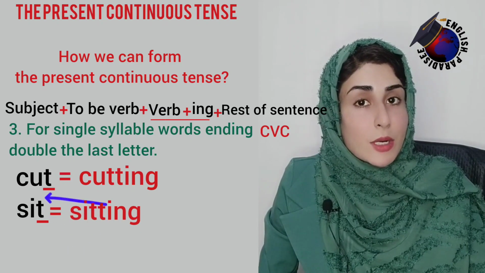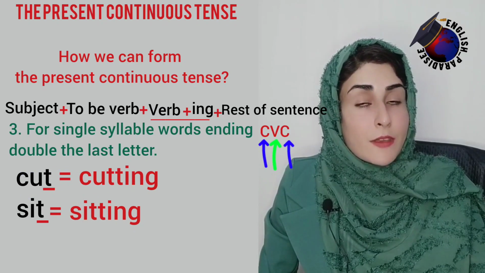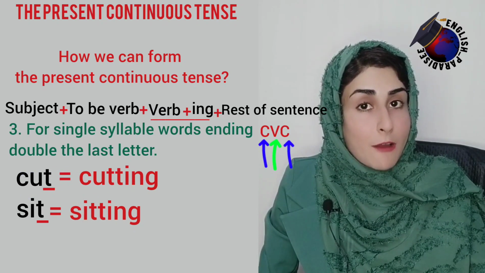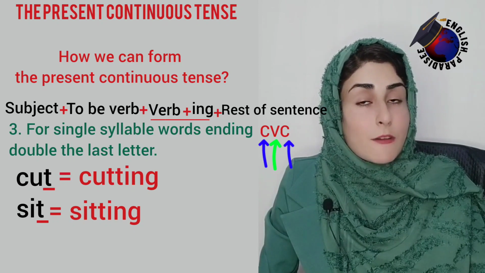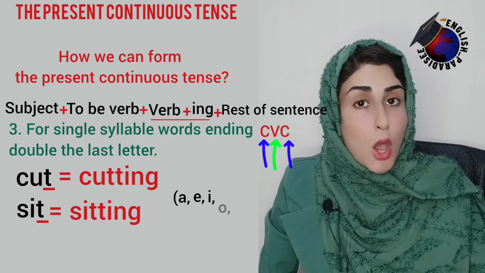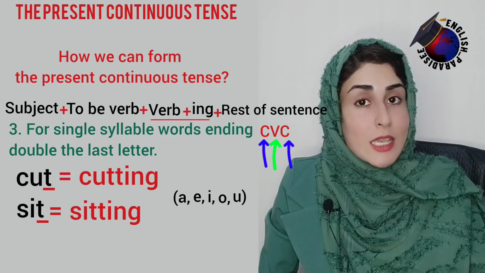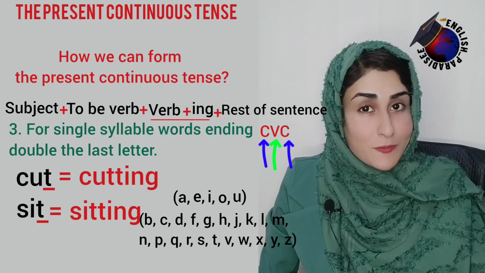Just look at the verb from the end, okay? C is any consonant and V is a vowel. In English, vowels are A, E, I, O, and U. And a consonant is any other letter, okay?